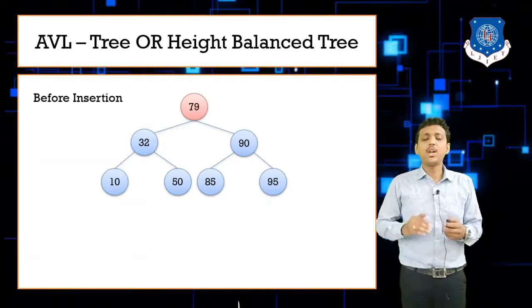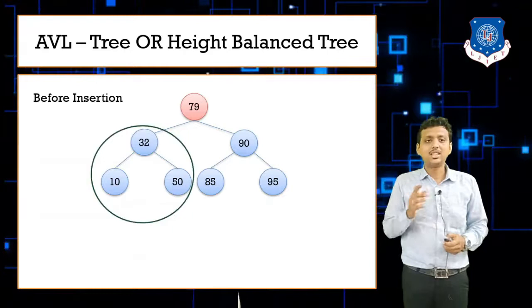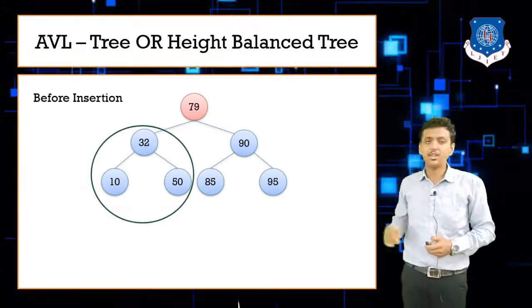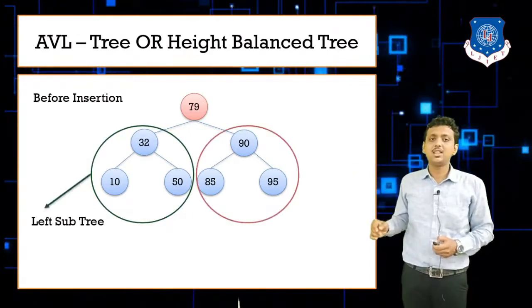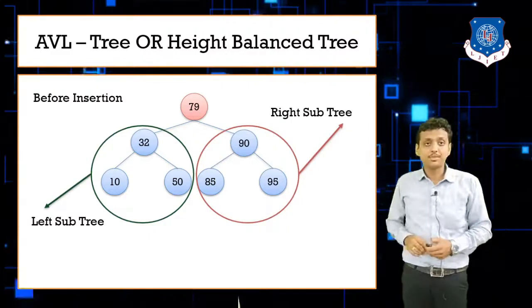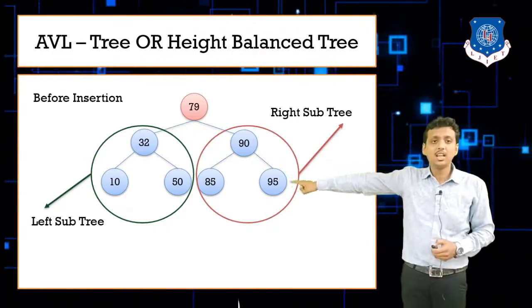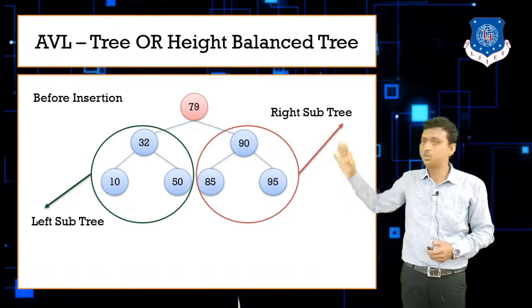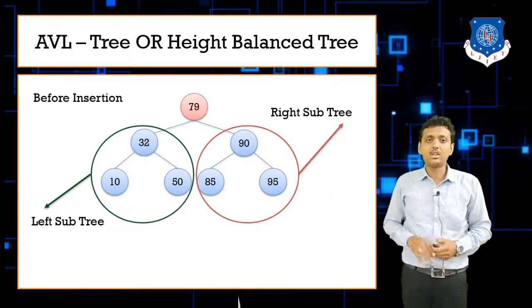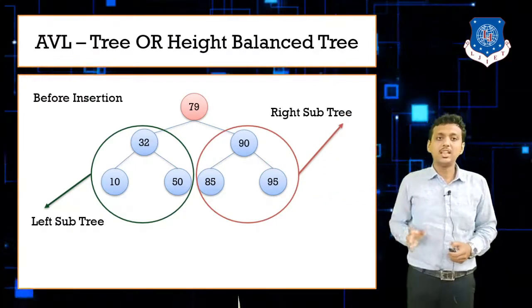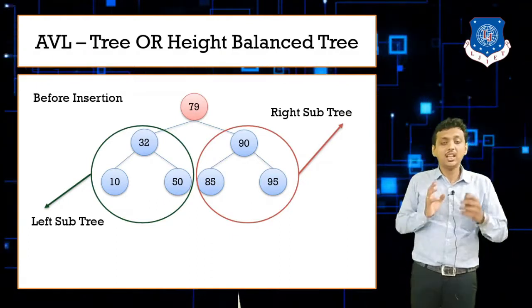This is my left subtree and this is my right subtree. In the left subtree we have 32, 10 and 50. On the right subtree we have 90, 85 and 95.